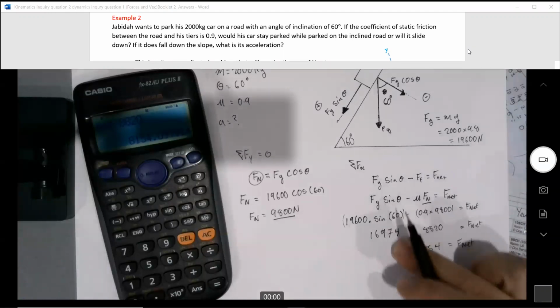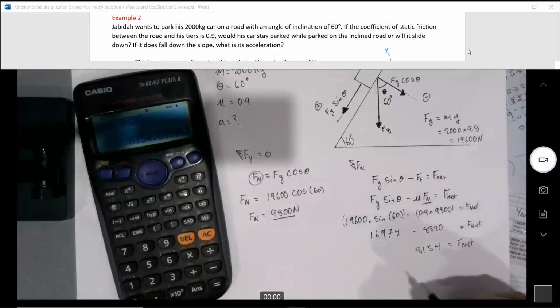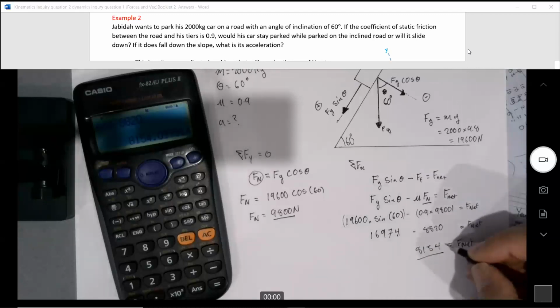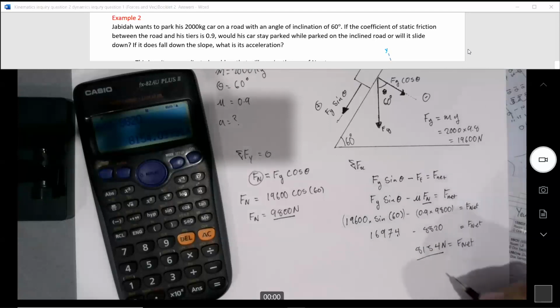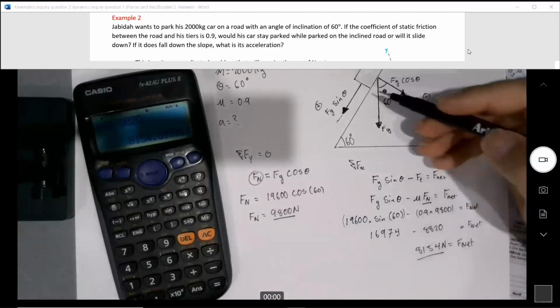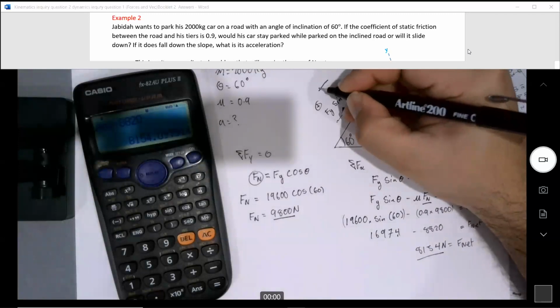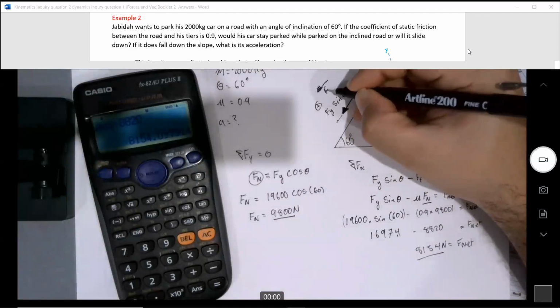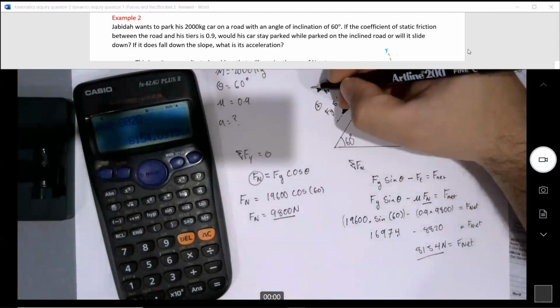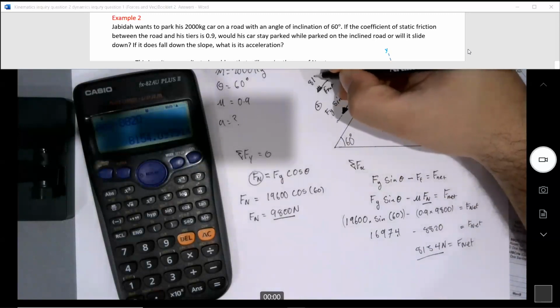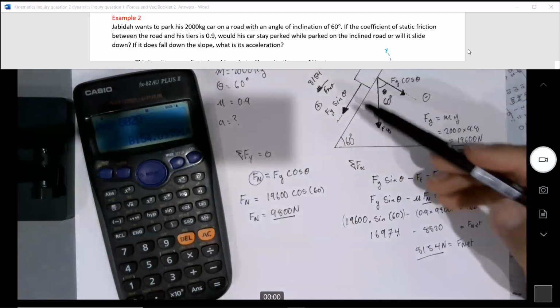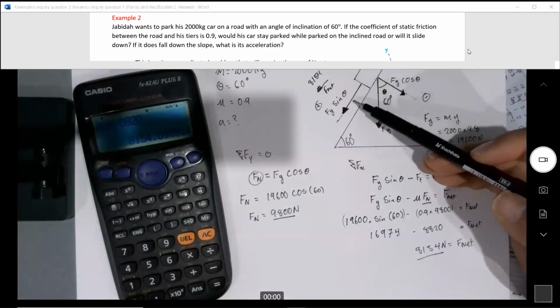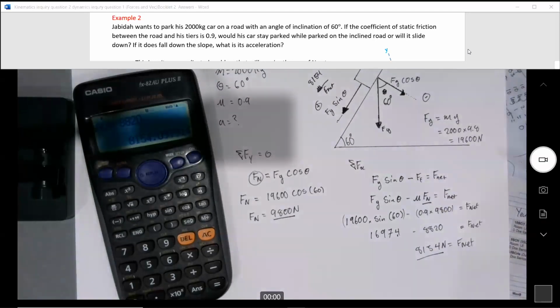We've subtracted this, and we end up getting 8,154 newtons. But that's saying because there's a total force F net of 8,154 newtons this way, then you're going to be expecting this car to be accelerating down the slope.